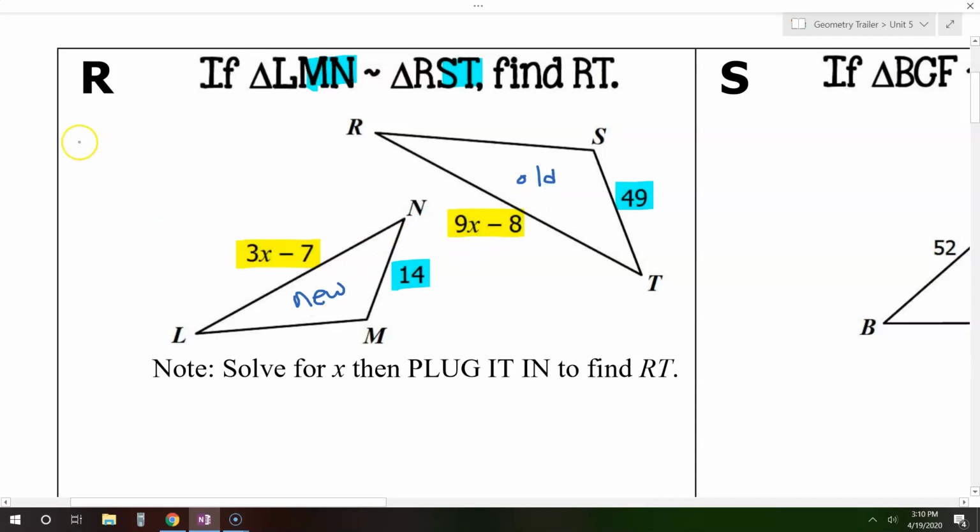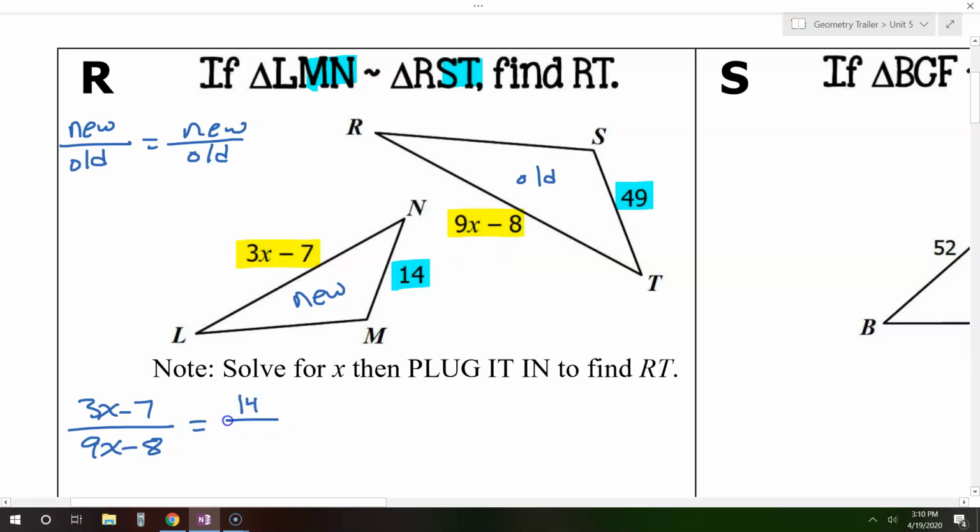It doesn't matter which is which, as long as you set up your equation as new over old equals new over old. So looking at the yellows, new over old would be 3x minus 7 over 9x minus 8. Looking at the blues, new over old would be 14 over 49.